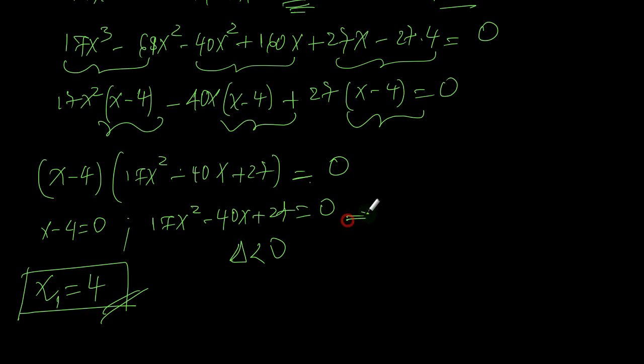Solving this quadratic equation for the imaginary solutions, I'm just going to state the solutions to save some time. So x2 and 3 equals 20 plus or minus square root of 59i, all divided by 17.